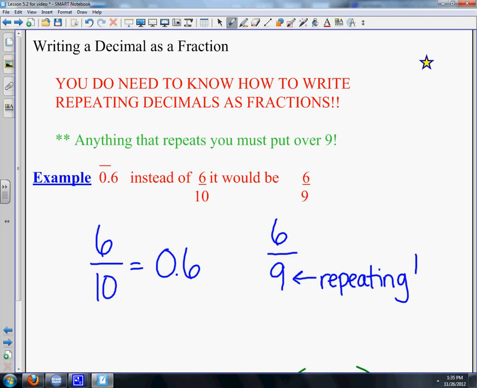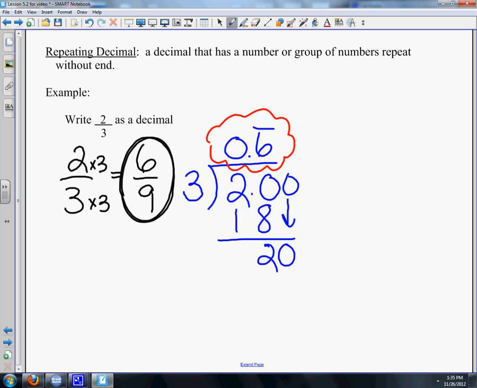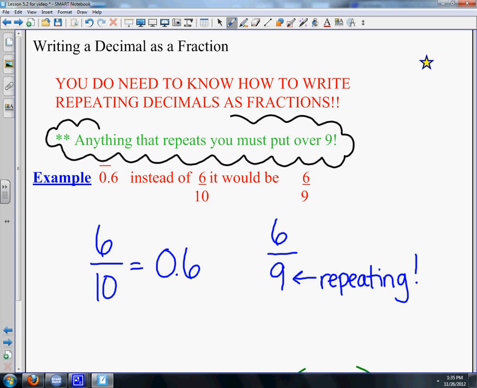So anything that repeats has a 9 in the denominator. So let's go back and look at this problem. 2/3. If I change that to have a 9 in the denominator, it would be 6/9. It has a 9 in the denominator, therefore I know it's going to repeat. So anything that repeats, just right here, anything that repeats you must put over 9.